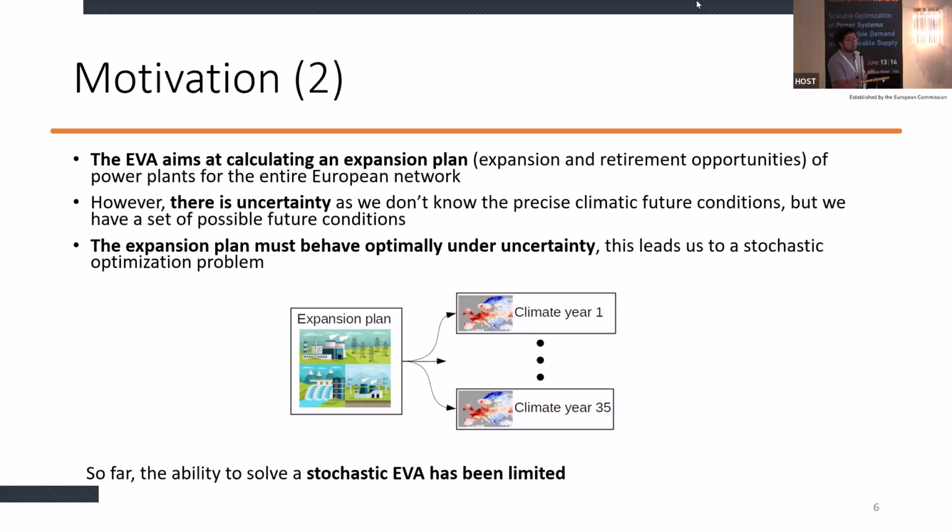And we want to calculate this expansion plan so that it behaves optimally, taking into account these possible 35 future climatic conditions. What is interesting about this problem is that so far the ability to solve a stochastic EVA problem has been limited.